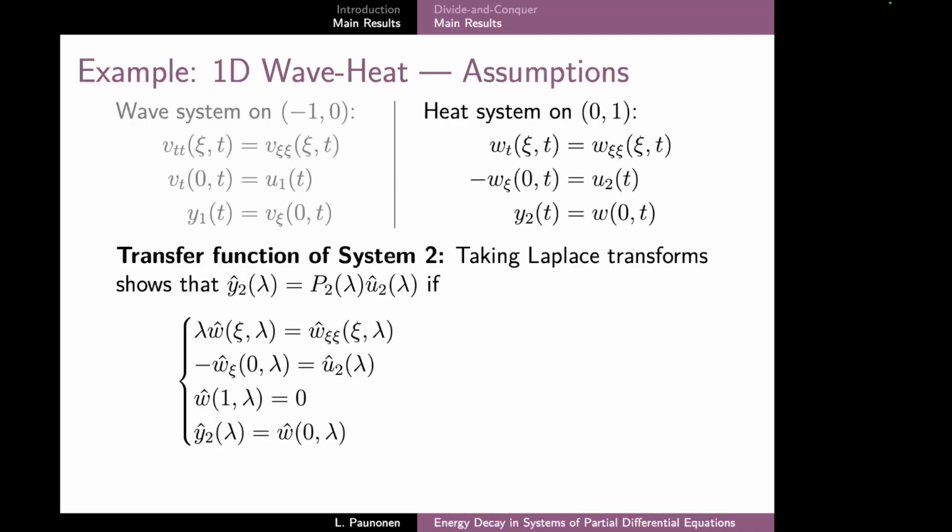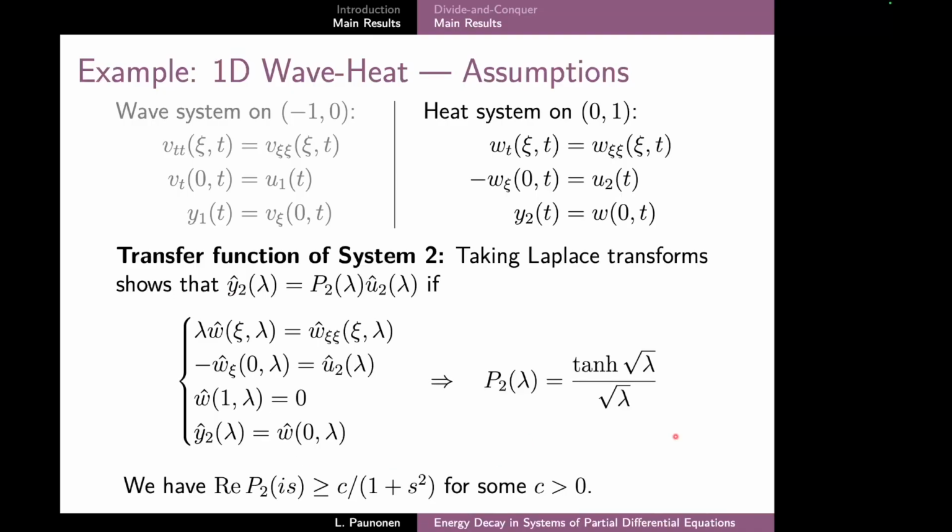When we complete these computations, we get an explicit form of the transfer function. And this is now possible because our heat equation is quite a simple system. Normally we would maybe have a little bit more indirect information of the transfer function. But now that we have an explicit formula, we can gain all the necessary information about the behavior of this transfer function.